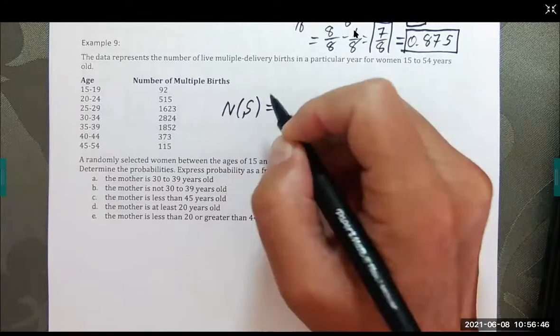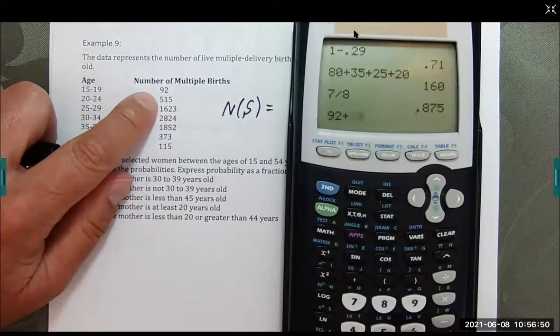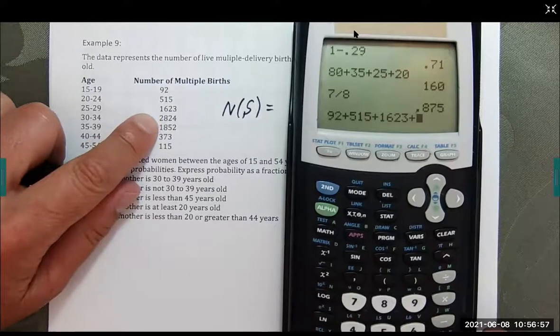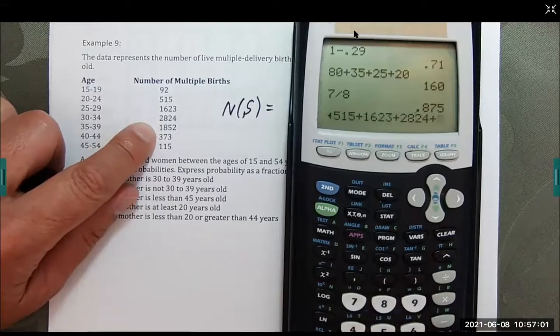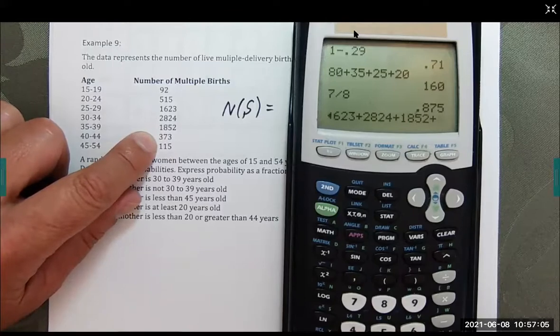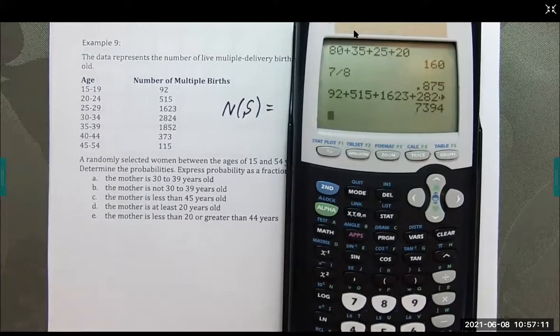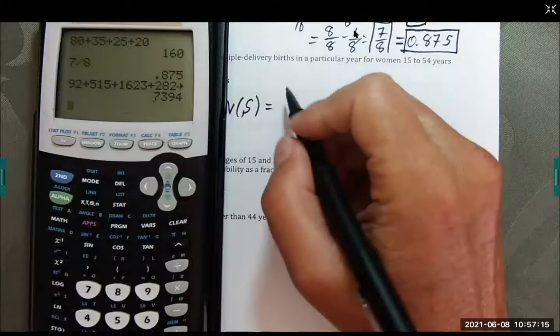And that's going to be 92 plus 515 plus 623 plus 2824 plus 1852 plus 373 plus 115. I'm getting 7,394 women.